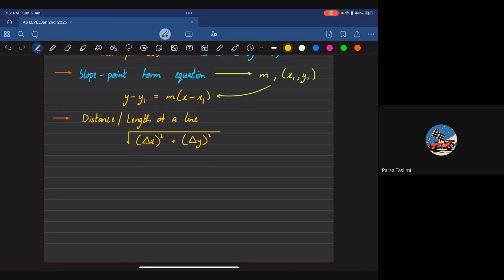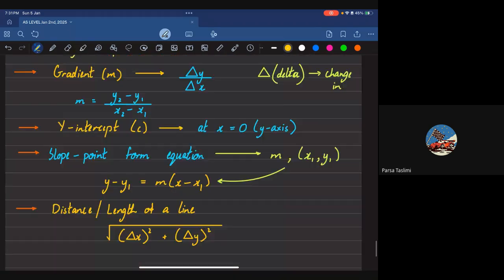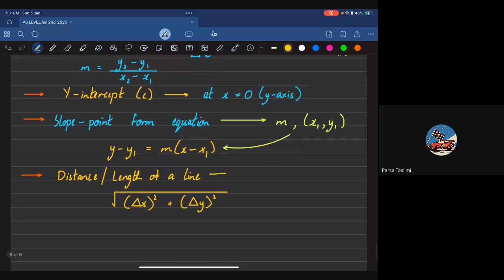So if you're trying to calculate the distance or the length of any line, you're simply going to deal with it by using this formula.